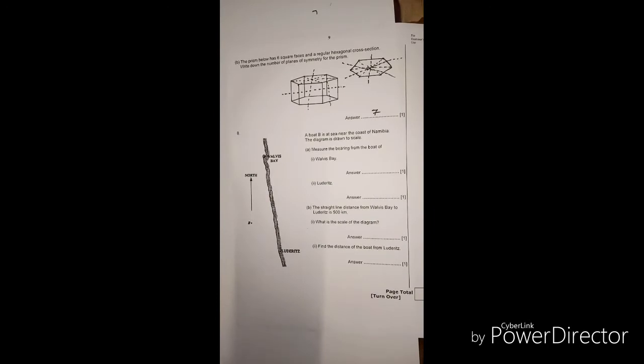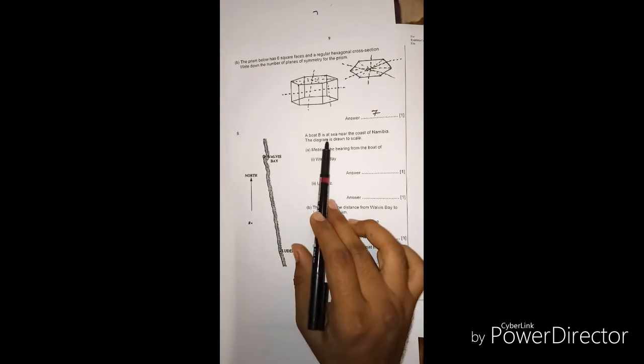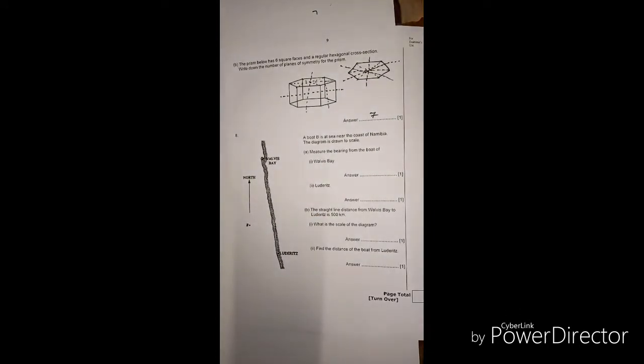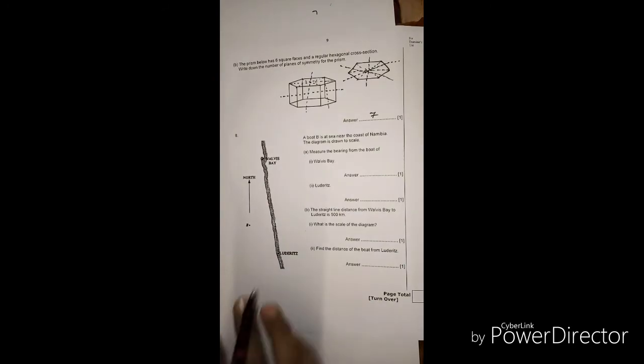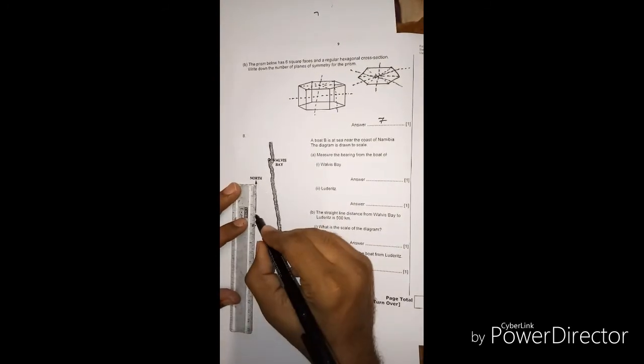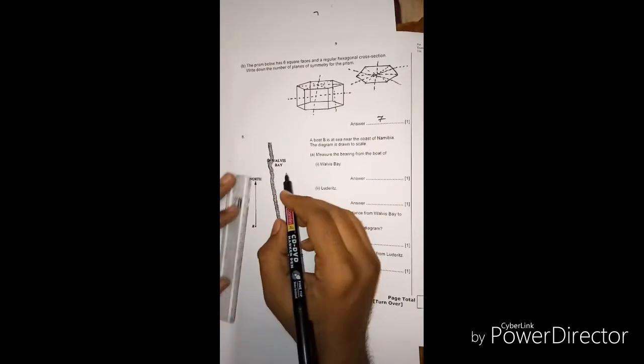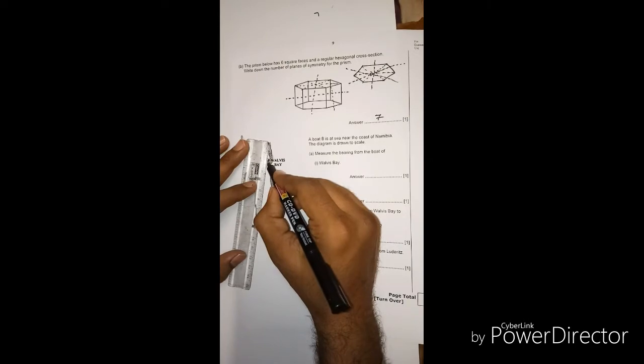Now in the next question, a boat B is at sea near the coast of Namibia. The diagram is drawn to scale. Measure the bearing from boat B to A. First I will complete the figure and join everything. This is boat B, and Walvis Bay.